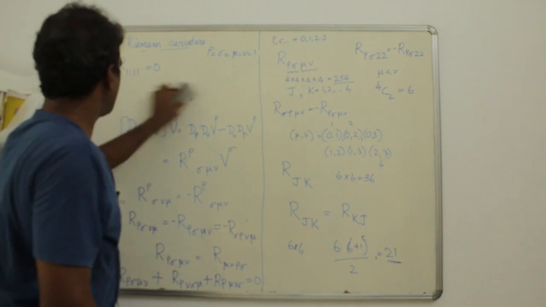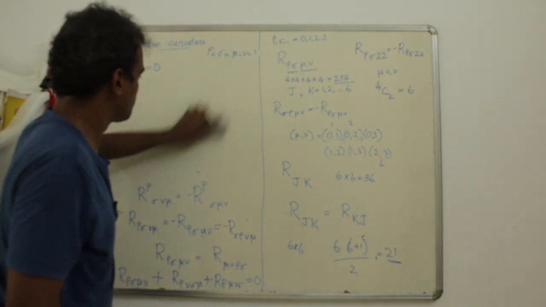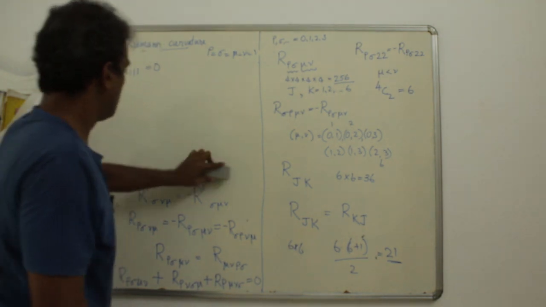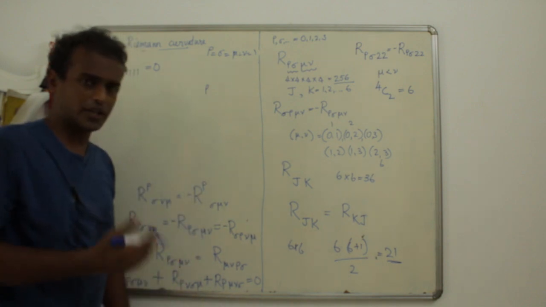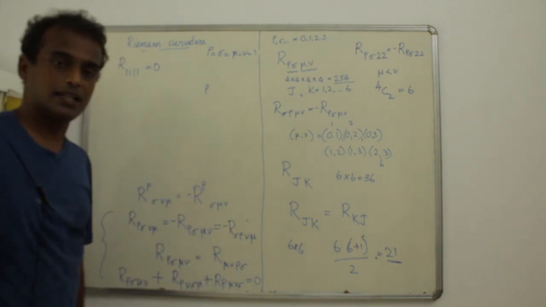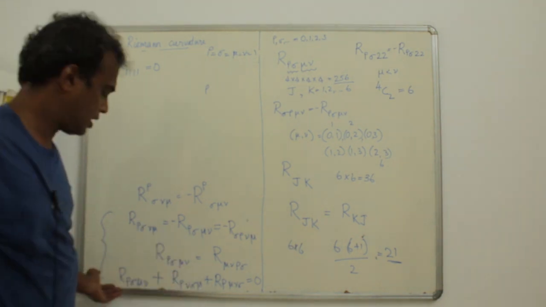Next, let us consider the component in which any three of these indices are equal. We can choose them to be any arbitrary 3 out of the 4.